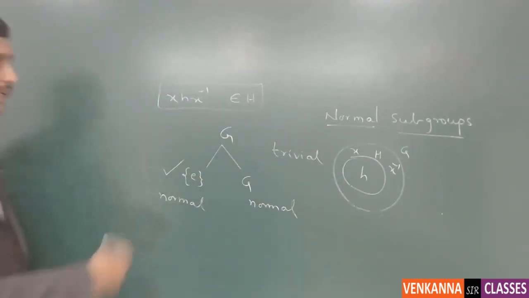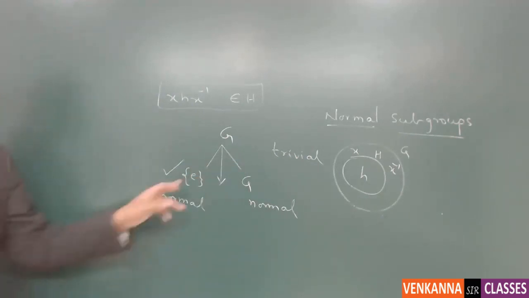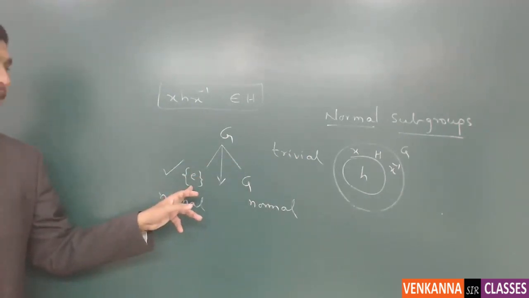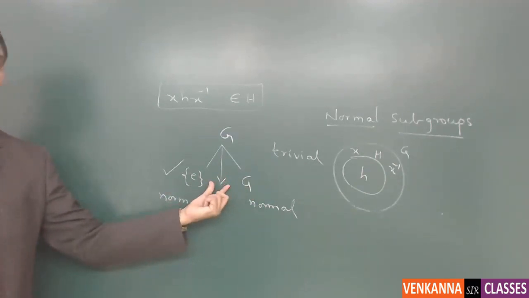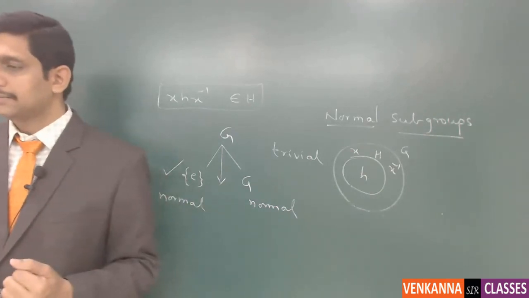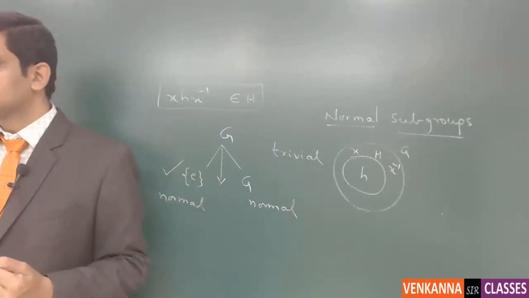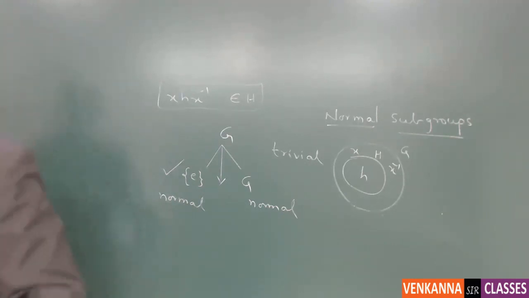So if you take any normal subgroup in between these two, bigger than the set identity and smaller than the total group, this normal subgroup we call a proper normal subgroup or non-trivial normal subgroup. Is it okay? The definition? Right.